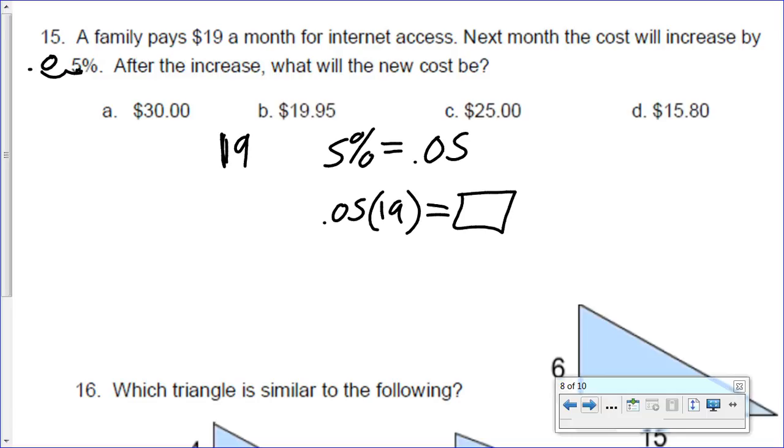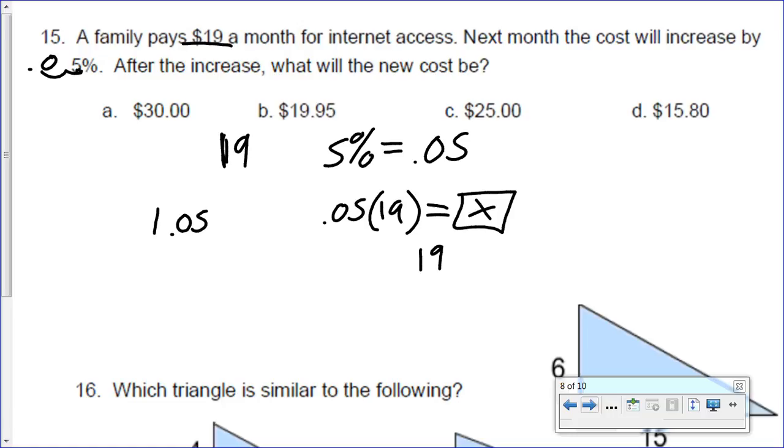And we're increasing what they're already paying. They're still going to have to pay that $19, but they're going to have to pay the 5% more as well. So whatever we would get here, we would just add it to the $19. There's kind of a shortcut or a different way to do this, in that you can convert it to the decimal. So you got your 0.05. And then you can put a 1 there.